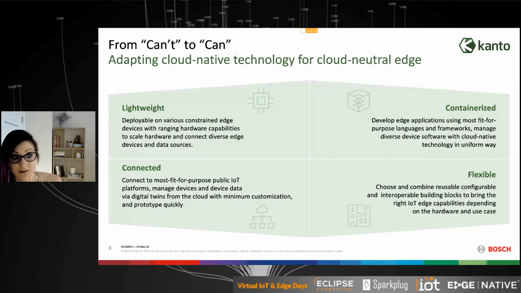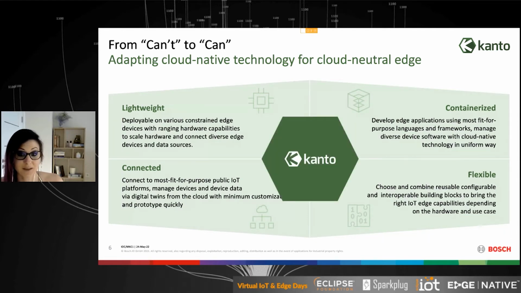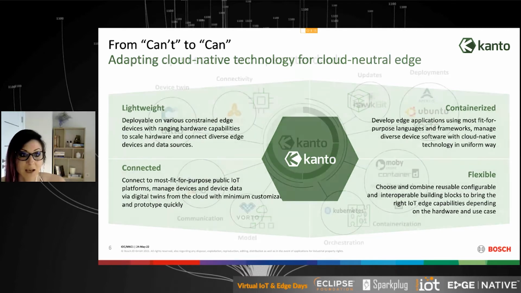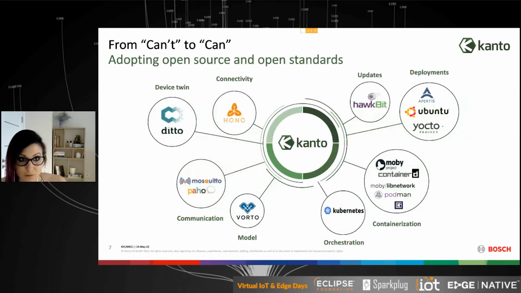And all of that learning is now encompassed in Eclipse Kanto, which we will, in a couple of minutes, see in action. So we started small, but the direction was clear: adopting open source and open standards. That's the way to go if we want to reach out, learn more, collaborate and evolve along the way.